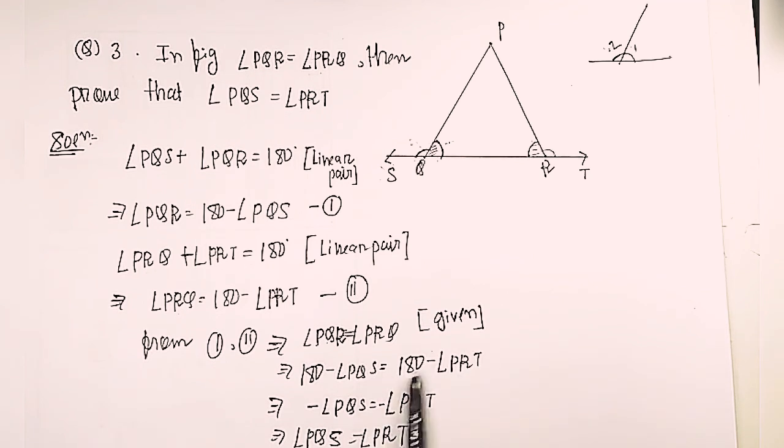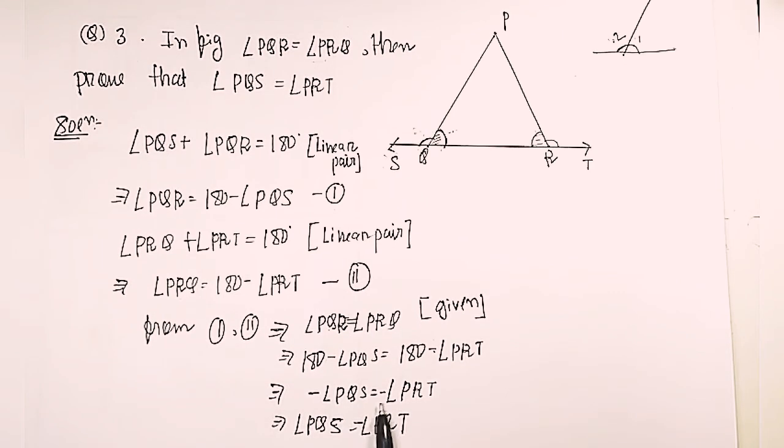So you can cancel 180 from both sides, because 180 is plus here, also 180 plus, the equal sign is there. So the remaining part is minus PQS is equal to minus PRT. So minus minus plus, so implies PQS equals PRT.